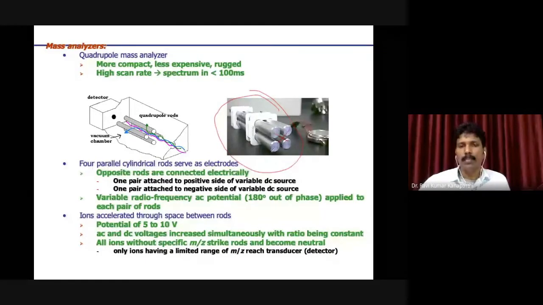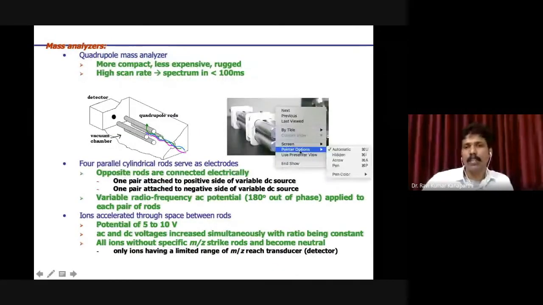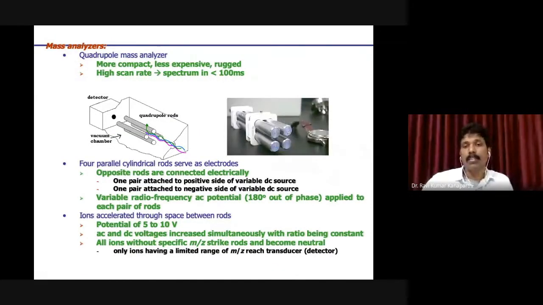will have a potential. So these two and these two, this one and this one, will have a unique static electric field, basically a combination of static voltage and also a radio frequency pulse applied across these two.